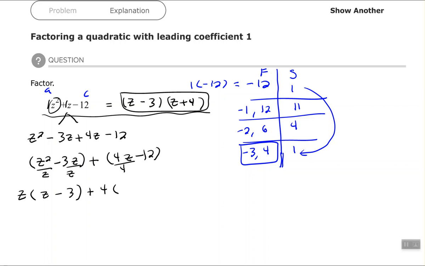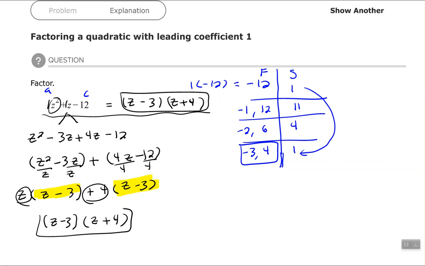So if I divide those by 4, it gives us z minus 3 in parentheses, which is what we want, the same thing in both sets of parentheses. And then factor out the common binomial, which is z minus 3, and then z plus 4 in the other parentheses. And as you can see, it's the same thing that we got up here.